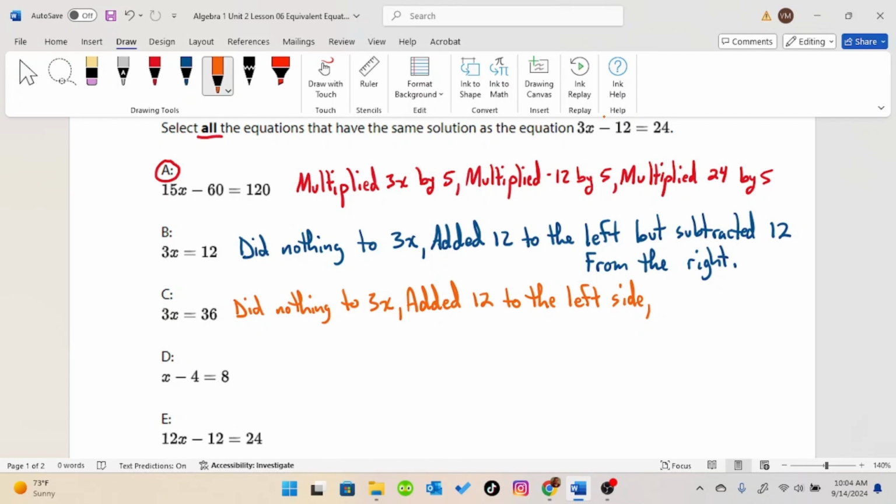To go from 24 to 36, they also added 12 to the right side. Because they did the same thing on the left side and the right side, these equations are equivalent. So C is an equivalent equation.